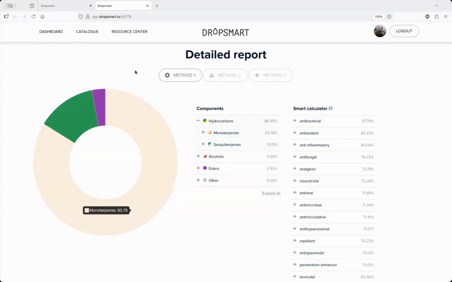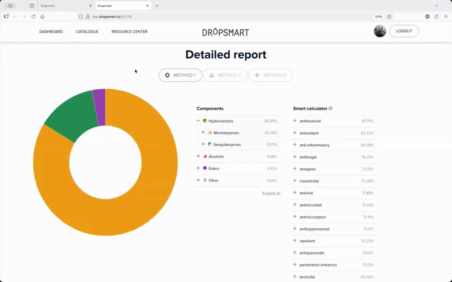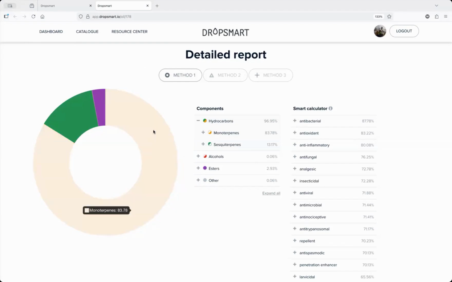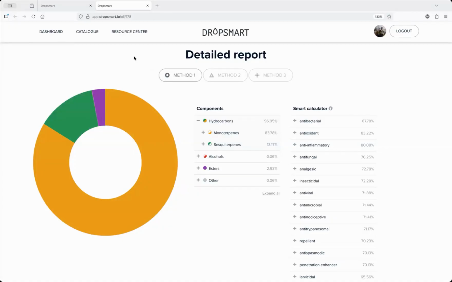This is very singular. But what confuses a lot of people with these oils is the sesquiterpenes. And the reason why it's so confusing is because monoterpenes are a high note and sesquiterpenes are a lower note.